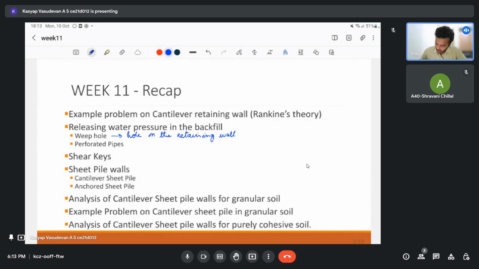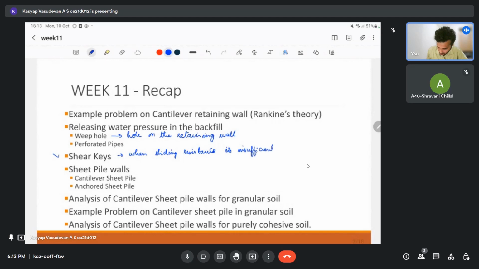And after that, we discussed shear keys. A shear key is given when sliding resistance is insufficient.